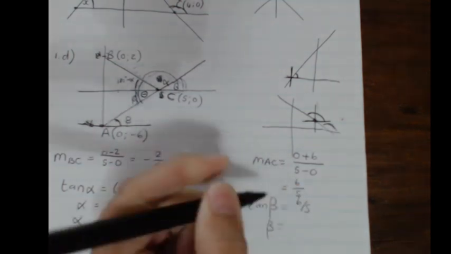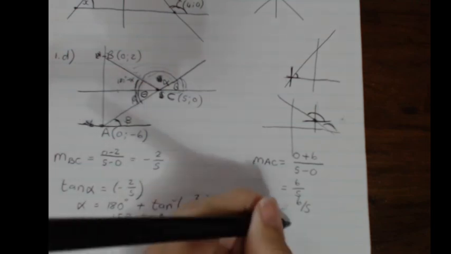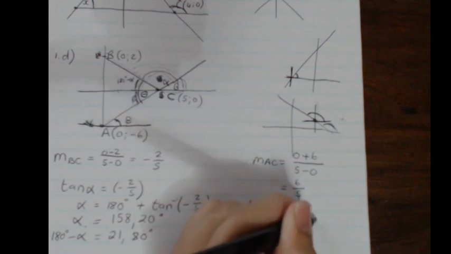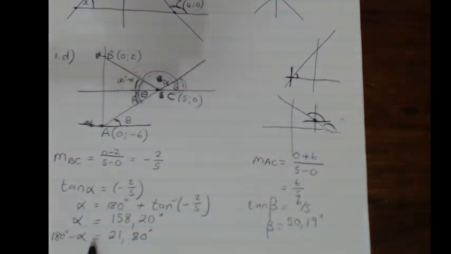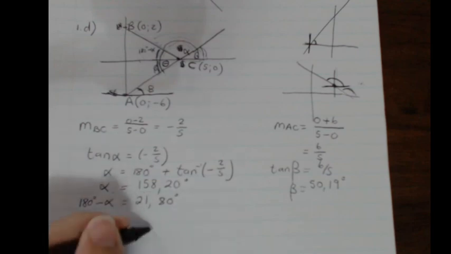So beta is shift tan 6 over 5, which is 50.19. And then the 180 minus alpha, that 21, plus the 50.19 is going to be the theta.